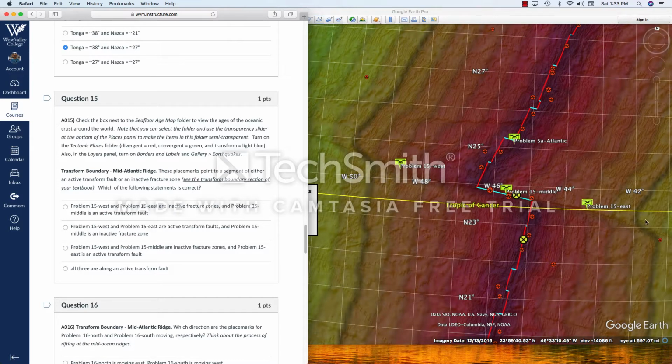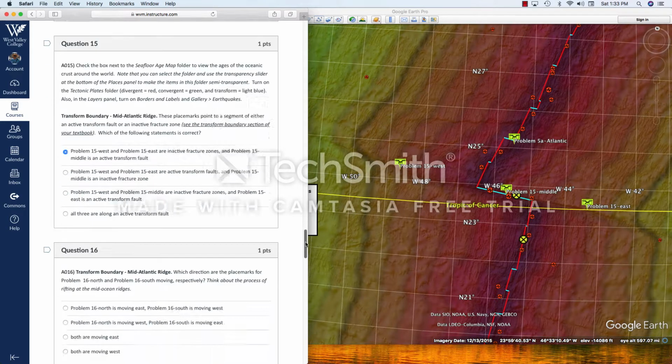These are just fracture zones, which are inactive. So problem 15 west and problem 15 east are inactive fracture zones. And actually, this is the correct one. All these other ones are incorrect. So problem 15 west, that's inactive. It's on a fracture zone. It's not on a plate boundary. Only the middle one here is on the plate boundary. Again, problem 15 east is not on the plate boundary. So you would select this first one here.